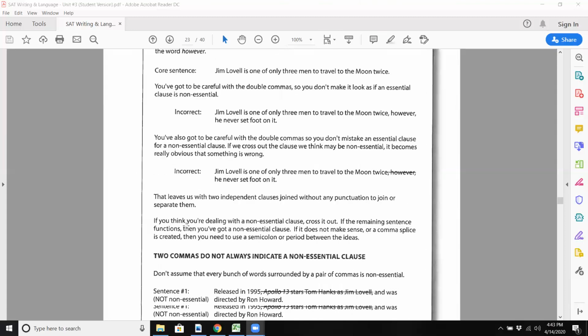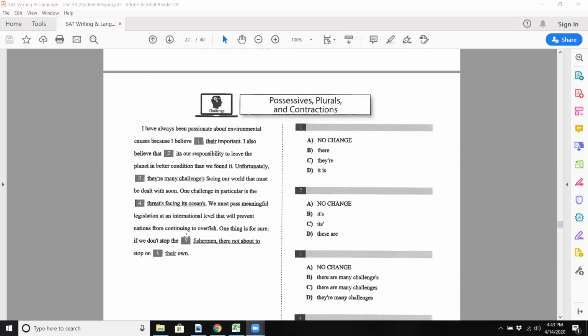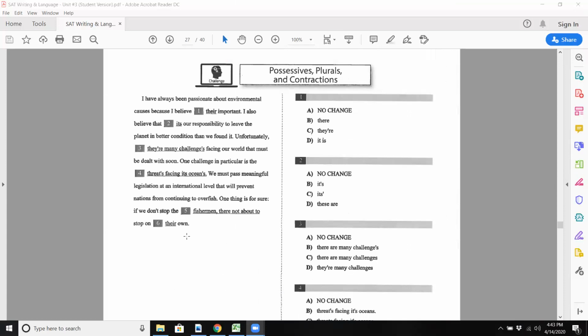And then lastly, more of the same stuff. Possessive plurals and contractions. This one's pretty straightforward. I've always been passionate about environmental causes because I believe they are important. I also believe that it is our responsibility.